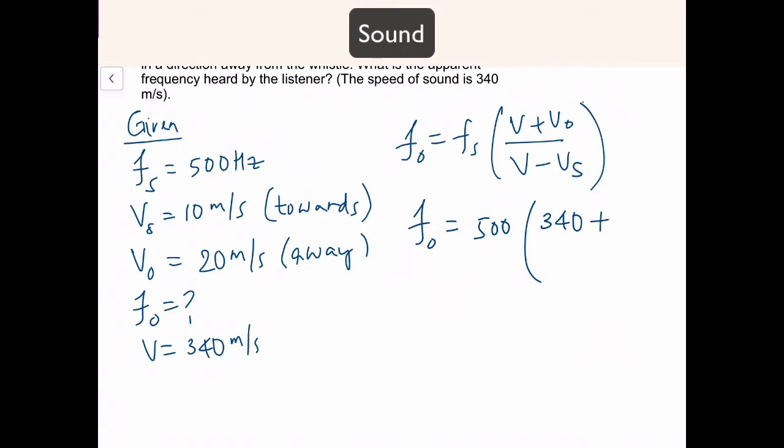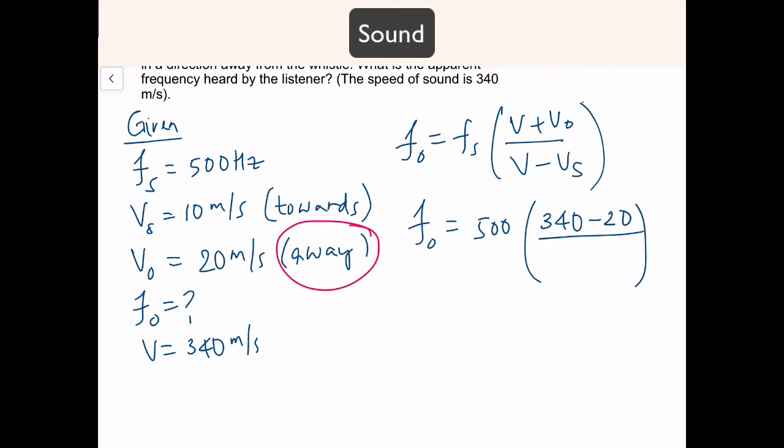You will be using a minus here. Why? Look, this one says away from the source.